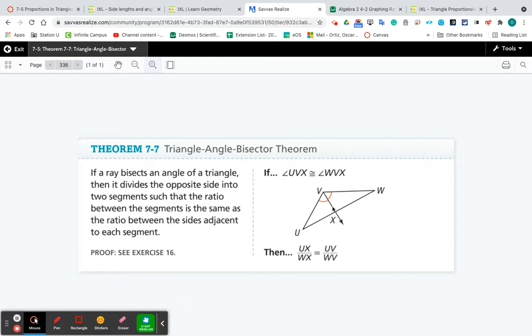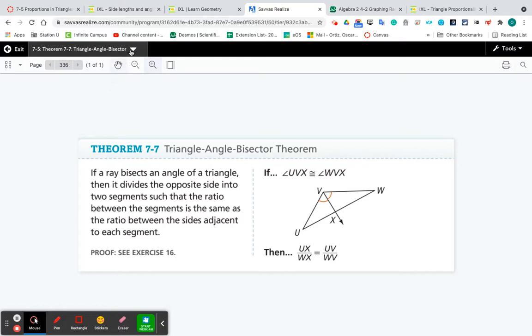And that bisector determines on this side that it intersects two segments, UX and XW. And UX is to WX as UV is to VW. So these two segments that are determined by the bisector are proportional to the corresponding sides of the triangle.